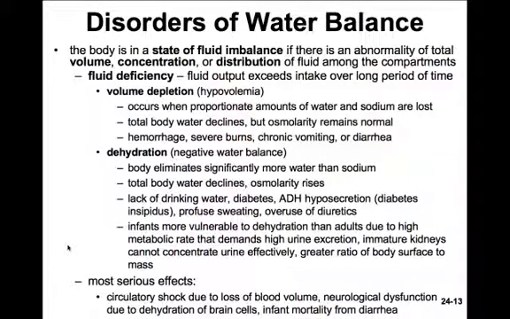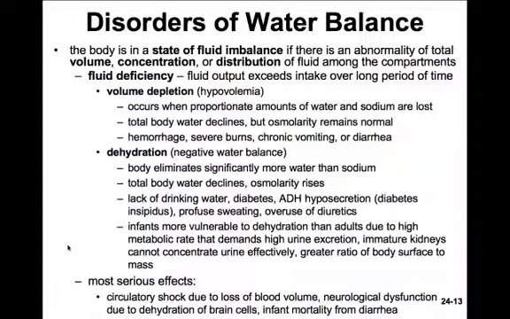So to complete our section on water balance, we'll look at some disorders of water balance. We'll begin with fluid deficiency. There are two types of fluid deficiency: volume depletion and dehydration.